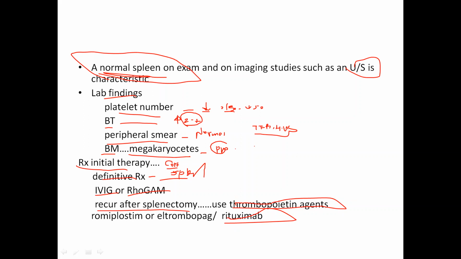One thing I should add in the lab findings is that PT as well as PTT is normal in ITP, because the problem is the platelet, not the coagulation cascade. PT and PTT are good measures of the extrinsic and intrinsic pathways.